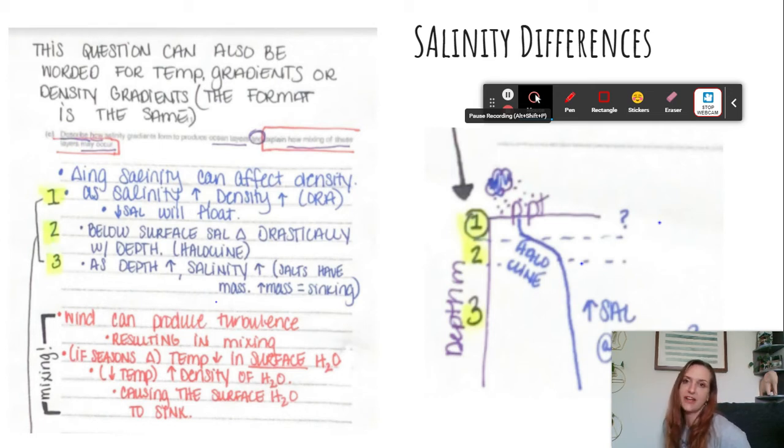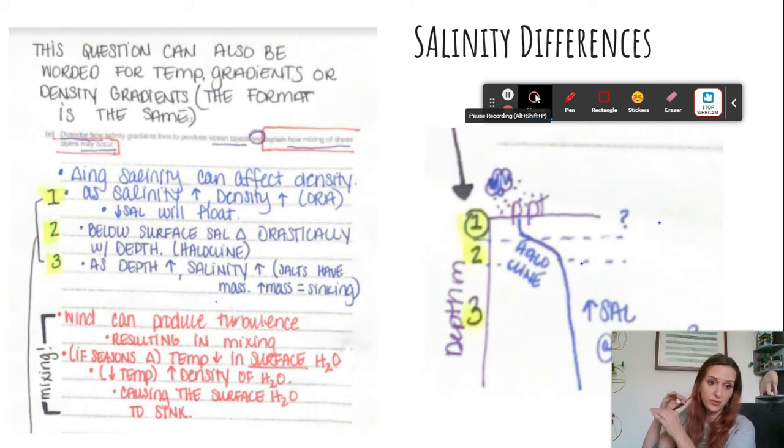That's because it's less dense, and less dense things will float. The reverse argument we wrote is that if salinity is high, density will be high. So obviously the inverse, if salinity is low, density will be low.